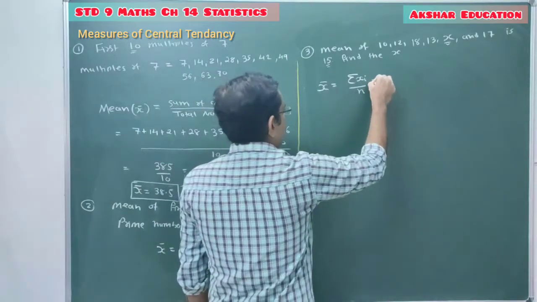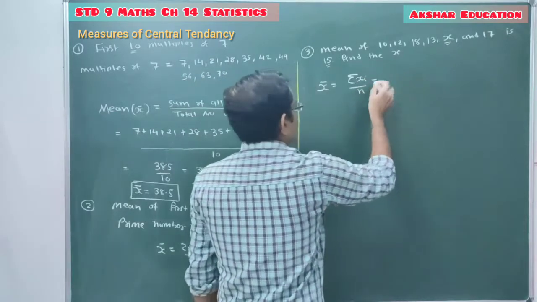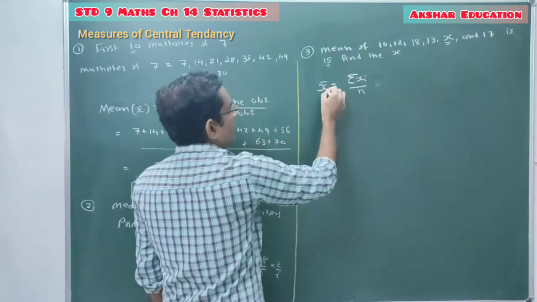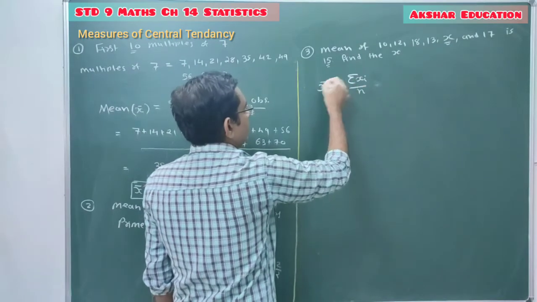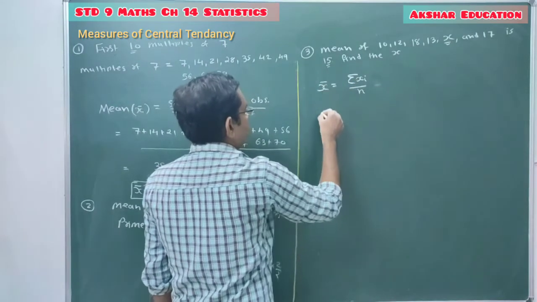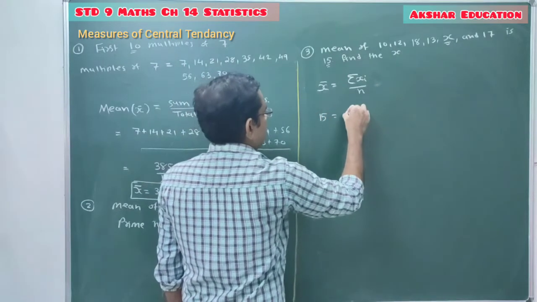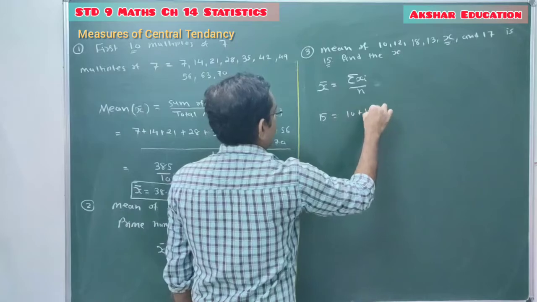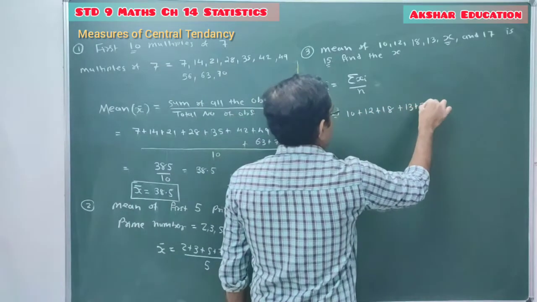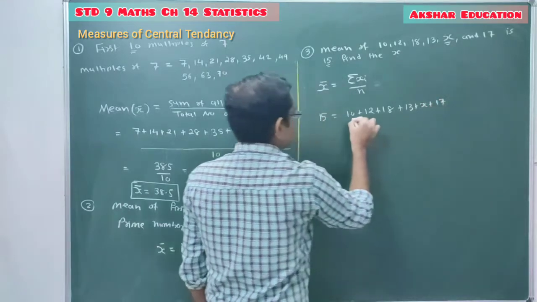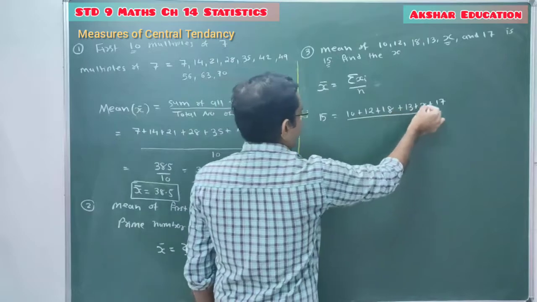Some people write it, some people don't, writing it this way is also fine. So here, sum of observations, the mean x bar is 15, equal to sum of observations. So it's 10 plus 12 plus 18 plus 13 plus x plus 17 divided by number of observations, 1, 2, 3, 4, 5, 6.